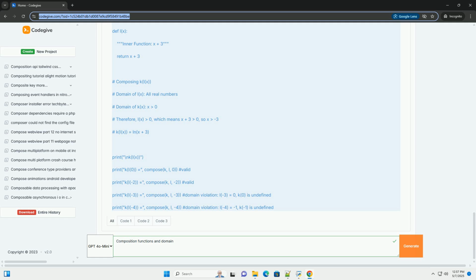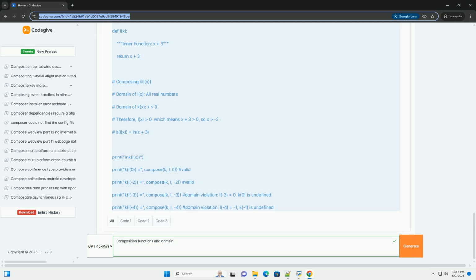In f(g(x)), we note that g(x) has no domain restrictions, but f(x) requires x ≠ 0. Therefore, we need g(x) ≠ 0, which means x - 5 ≠ 0, so x ≠ 5. In h(j(x)), j(x) has no domain restrictions, but h(x) requires x ≠ 0.